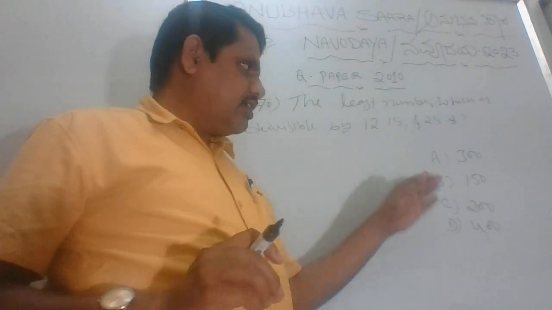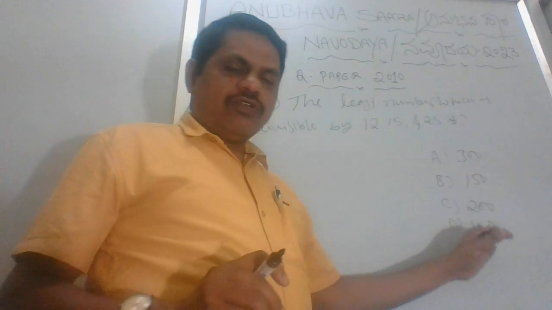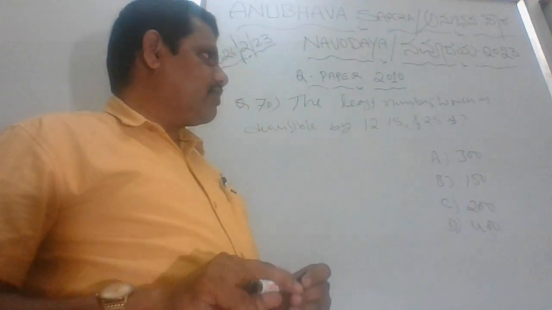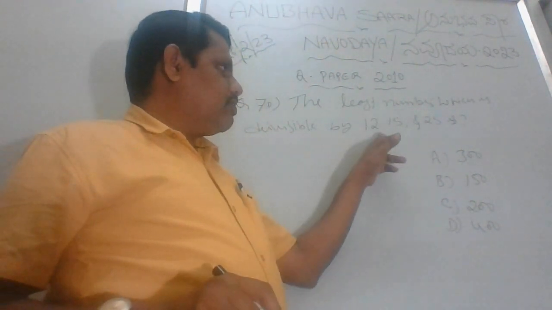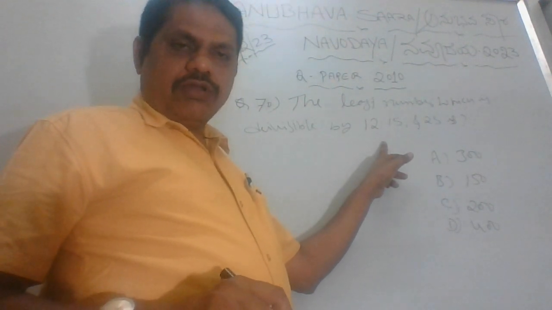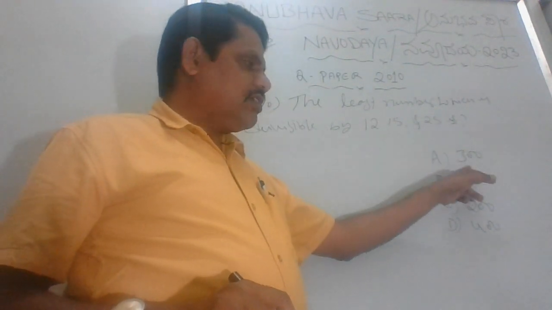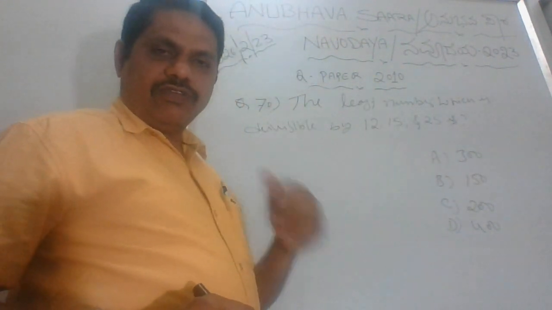Based on that, we can find out from these options which one is going to be divisible by these three numbers. You go with the division by 12, 15 and 25. First we'll see one by one.